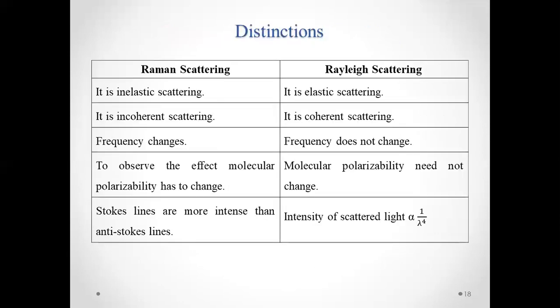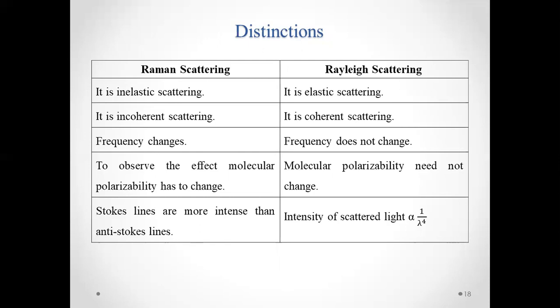Finally, coming to the distinctions between the different types of scattering. First, we shall try to distinguish the Raman scattering from the Rayleigh scattering. In Raman scattering, we find that it is inelastic scattering. On the other hand, Rayleigh scattering is elastic scattering.